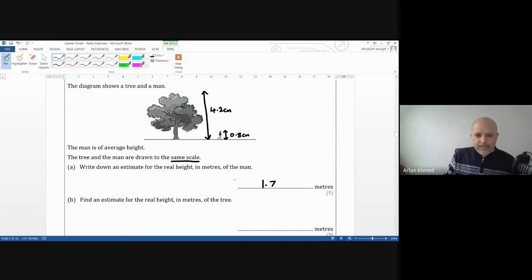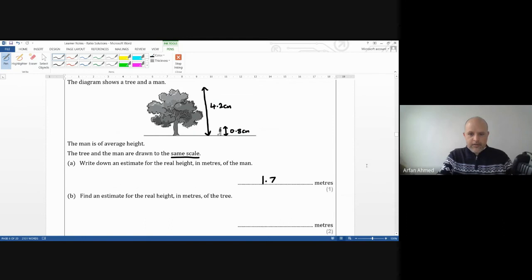Okay, so obviously our scale is, so 0.8 for the man and 4.2 for the tree.